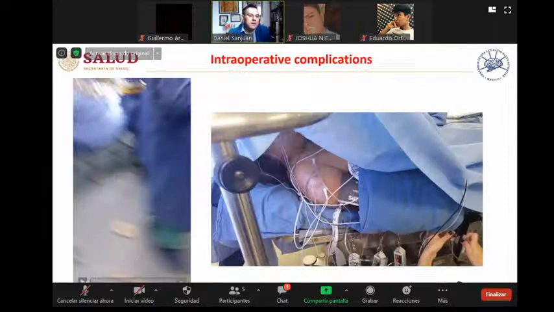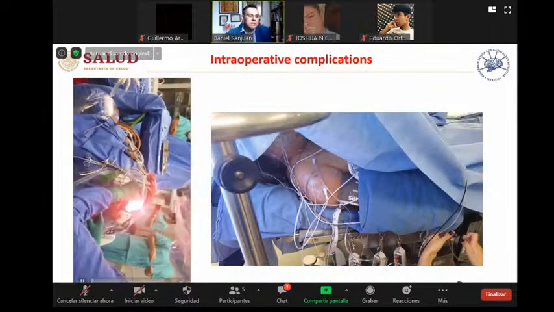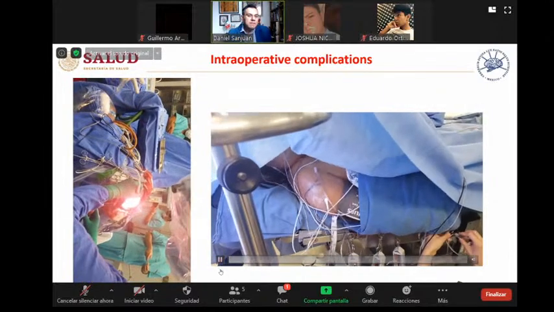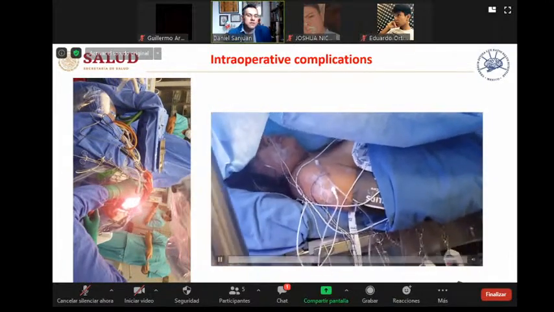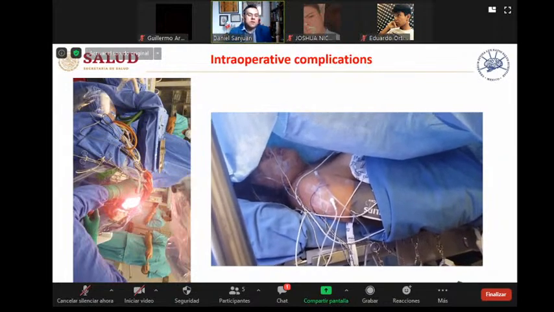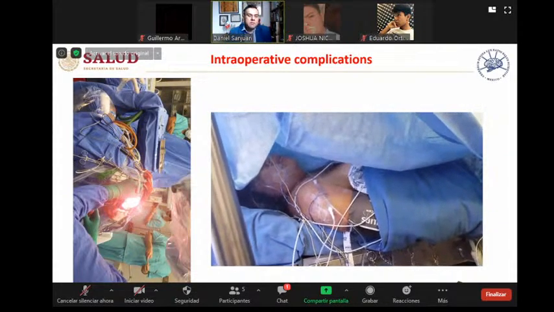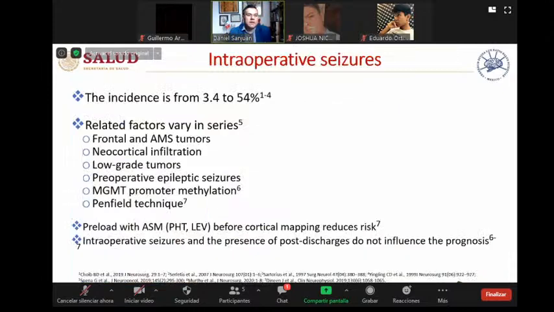Sometimes the patient, I'm sorry, has seizures during the mapping. So we need to be careful and prepared for this complication of the surgery, because the incidence of intraoperative seizures is high, and several factors are related to it, like frontal tumor, neocortical infiltration, low-grade tumors, previous history of epileptic seizures, or use of the Penfield technique.